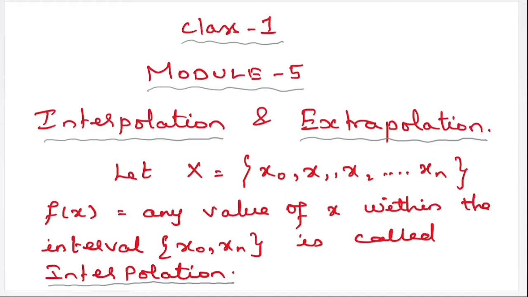Let x is equal to x0, x1, x2, etc., xn. Then if our values of f of x exist within this interval, that is x0, x1, etc., xn, it is called interpolation.